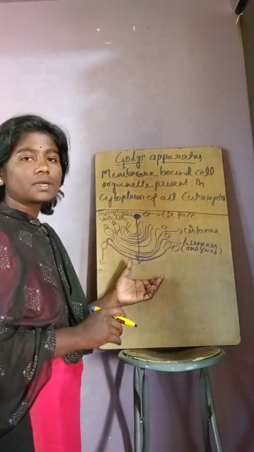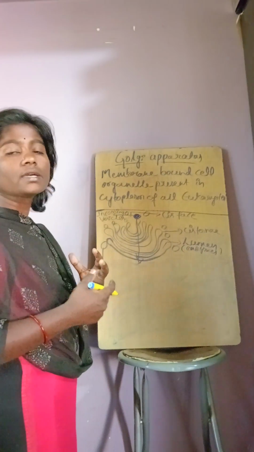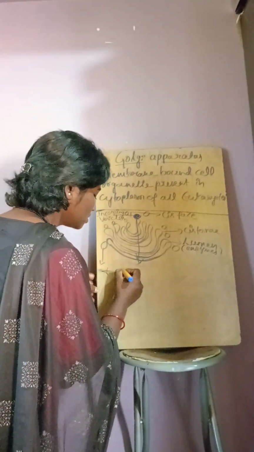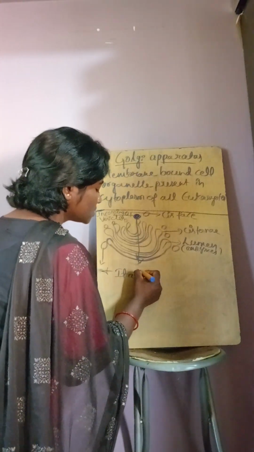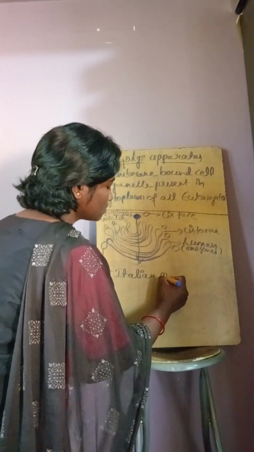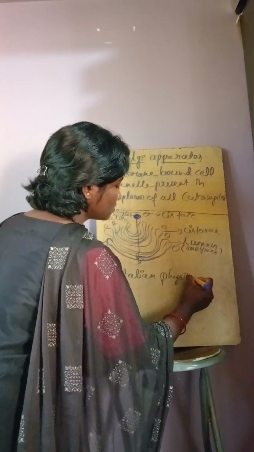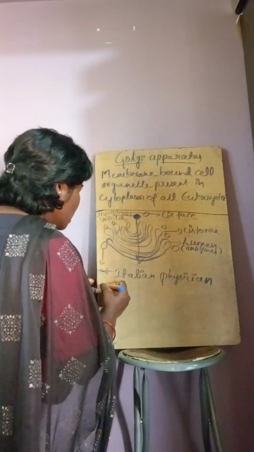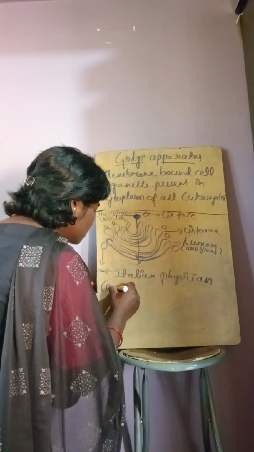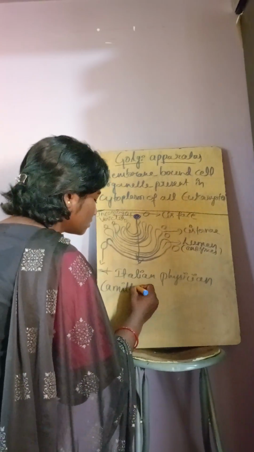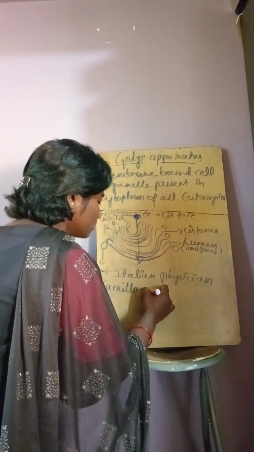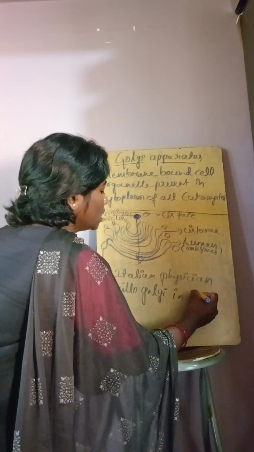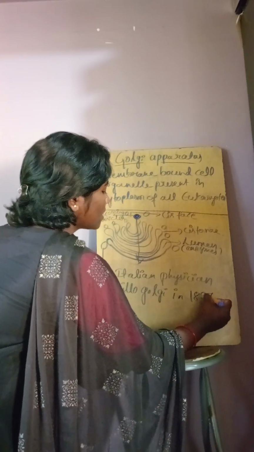It was observed by a great Italian physician named Camillo Golgi in 1897.